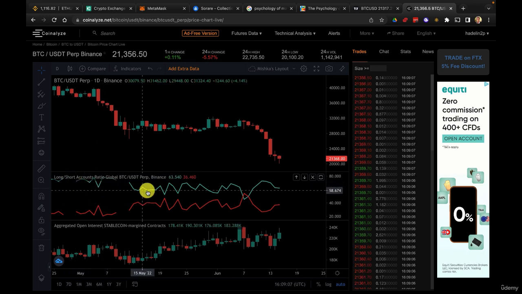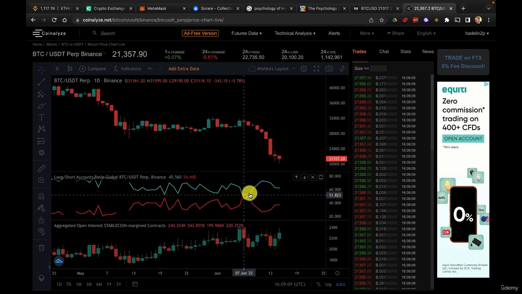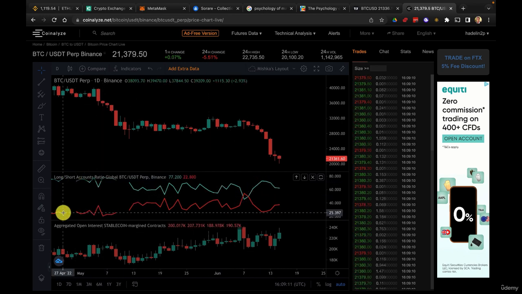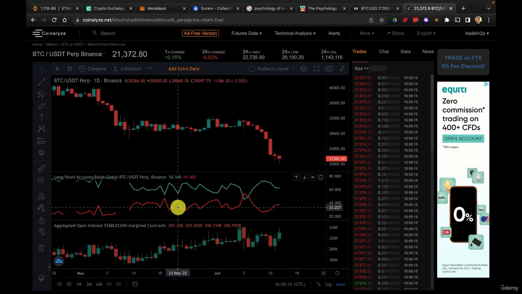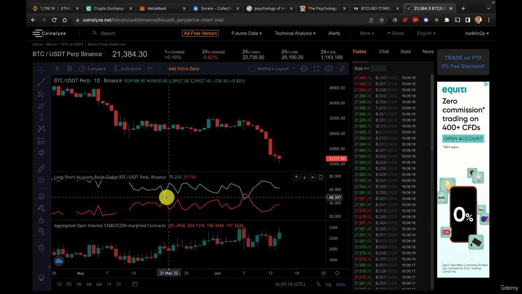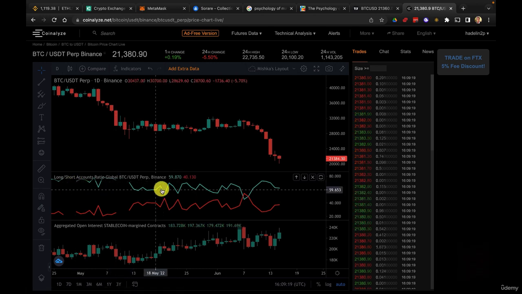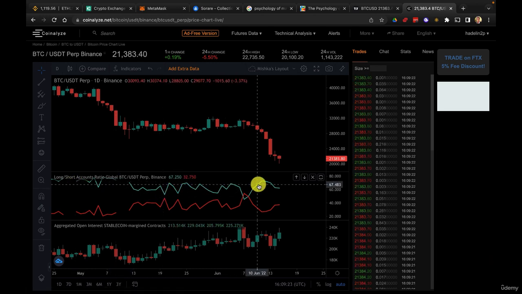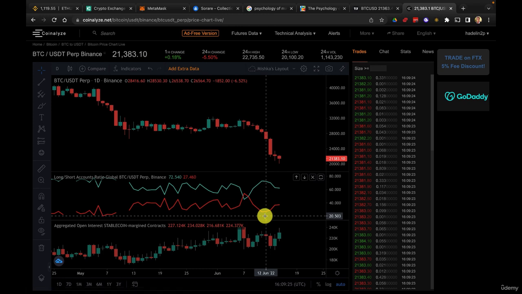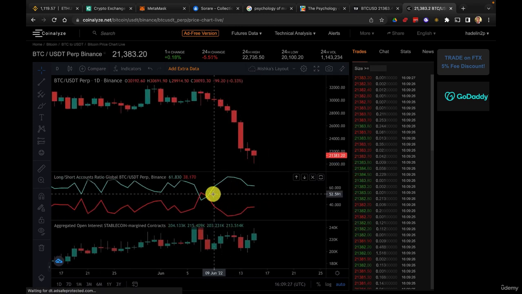The top curve here in green shows the long positions, and the bottom red curve shows the short positions. They're symmetrical because it's a ratio. The fact that the green curve is way above the red curve means that since a couple of days, since the beginning of the fall, people have opened more long positions than short positions.